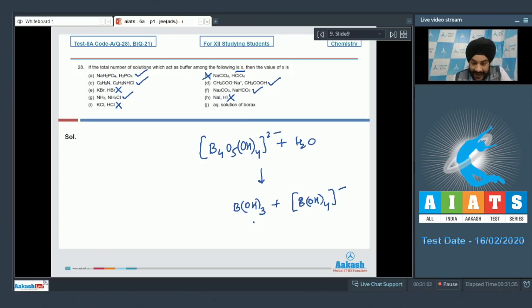So this is a weak acid and we have the conjugate base of the weak acid along with it. So this will also act as a buffer. So out of these given combinations, a total of 6 possibilities are there which can act as a buffer. So for question number 28, we have to mark the answer as 6, students.